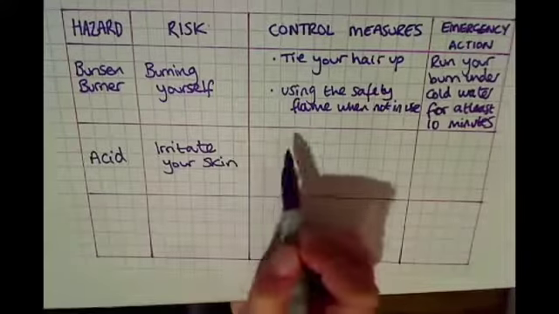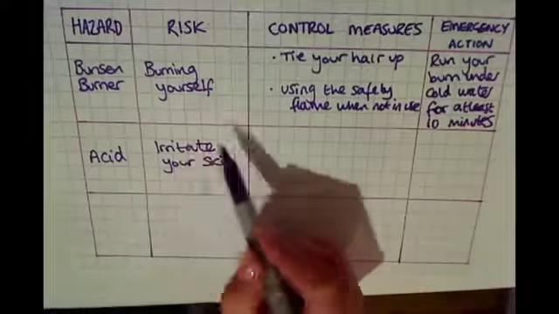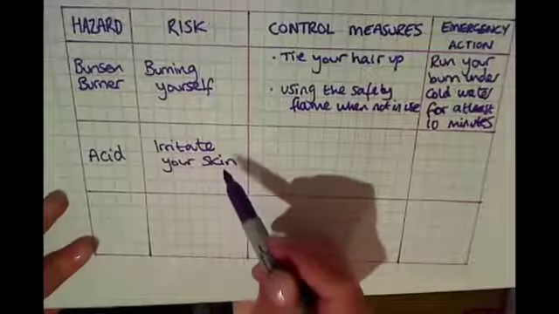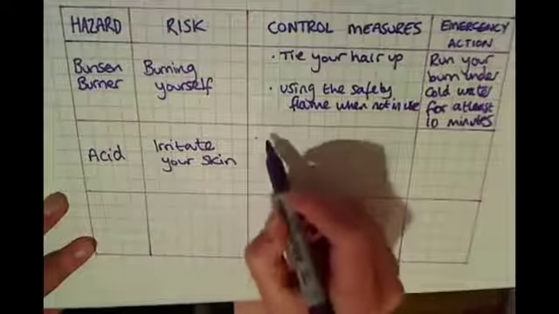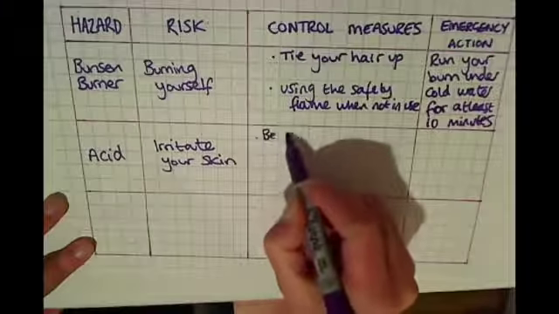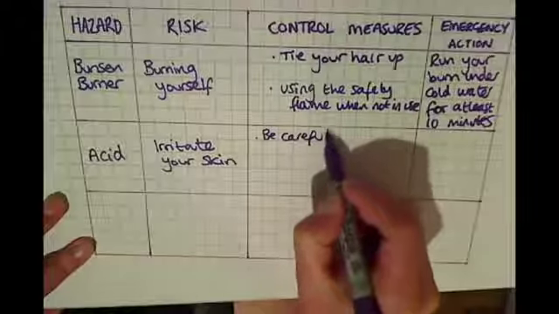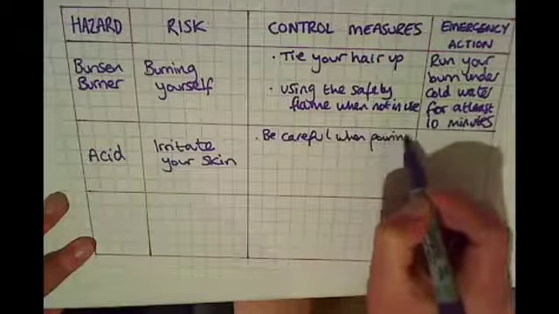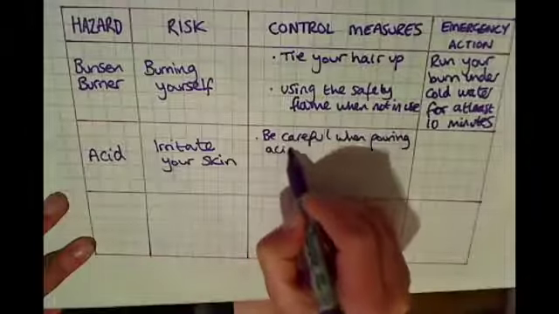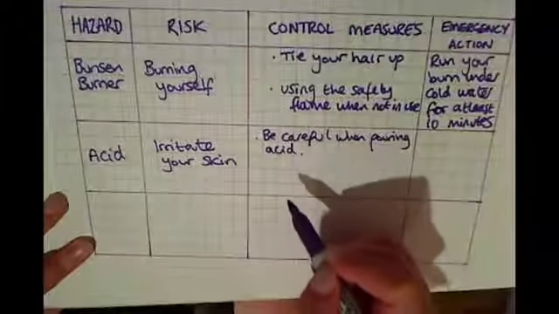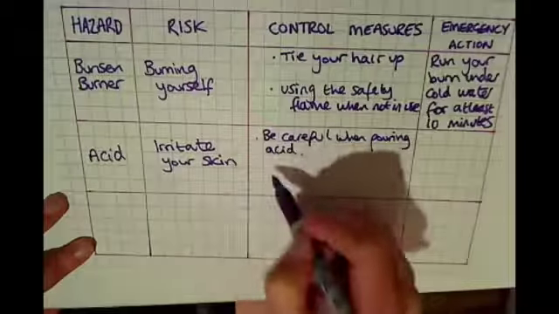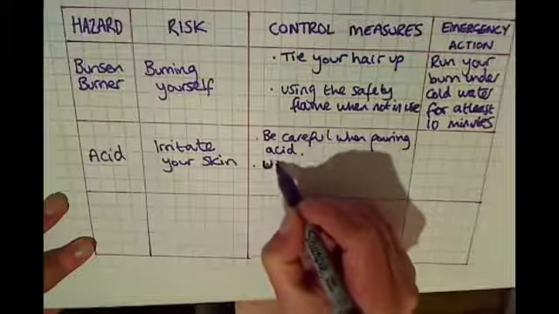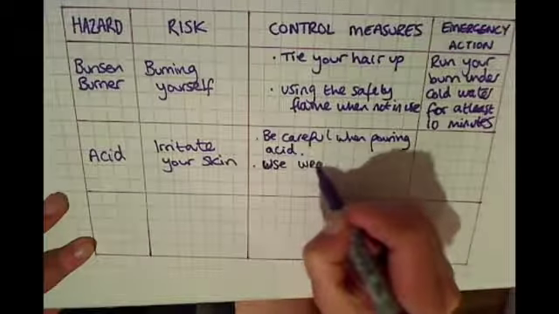And to prevent ourselves from irritating our skin with the acid, we would do things like be careful when pouring the acid, we would use just weak concentrations of acid, so they're not corrosive or very irritant, so we'd use weak concentrations.